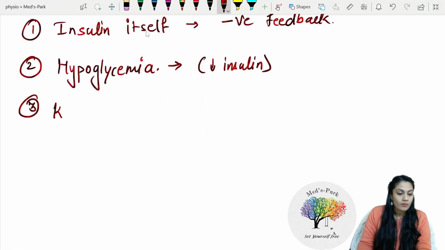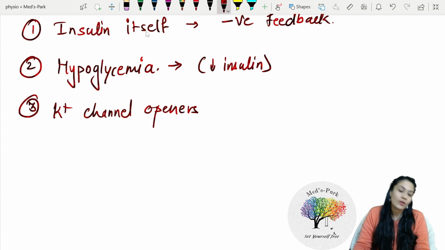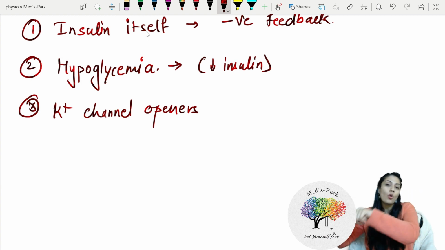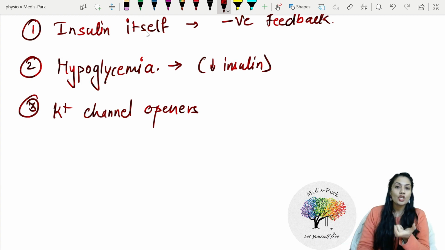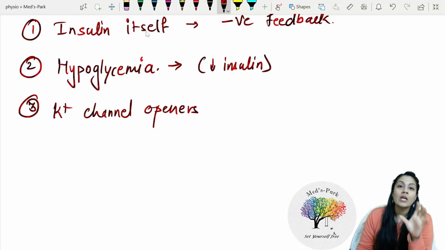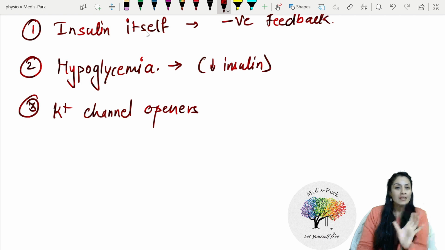Then we can give the potassium channel openers. Now remember, when the potassium channel closes, what happens? The potassium is not able to go outside of the cell. The potassium starts to accumulate inside the cell. But if you give a potassium channel opener, what will happen? The potassium inside the cell will start going out more and more.